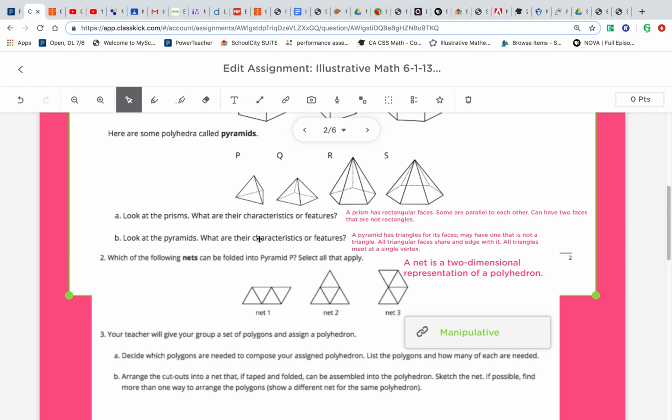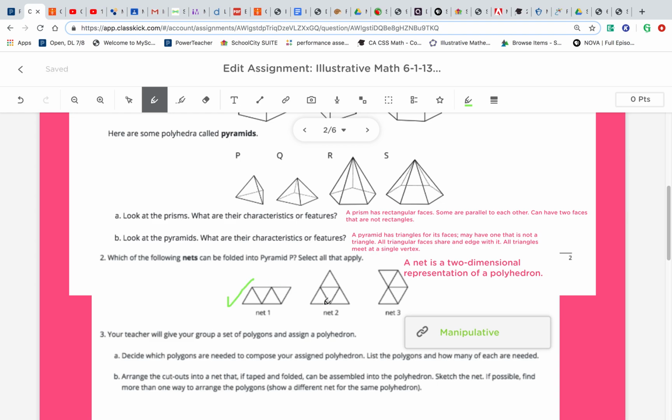And so we need to have it set up to where we can have a bottom that can be the triangle, and then 3 triangles can rise up from that as the faces. And if you look here, we can totally have one of these be the bottom, and then sort of pull the other 3 up around it like that. So for net 1, this would work for P.